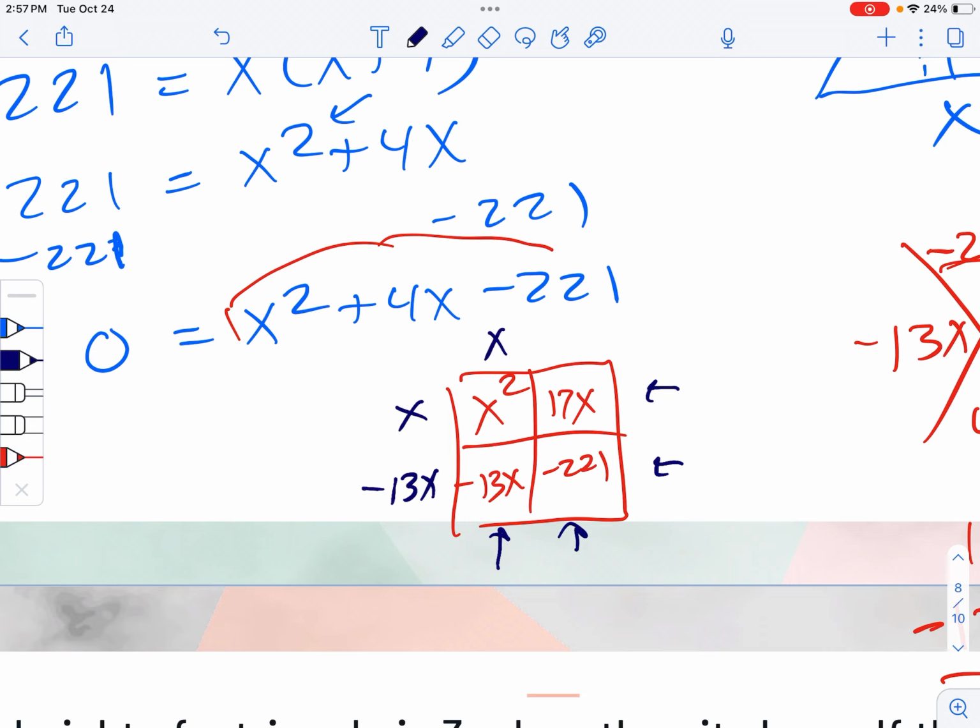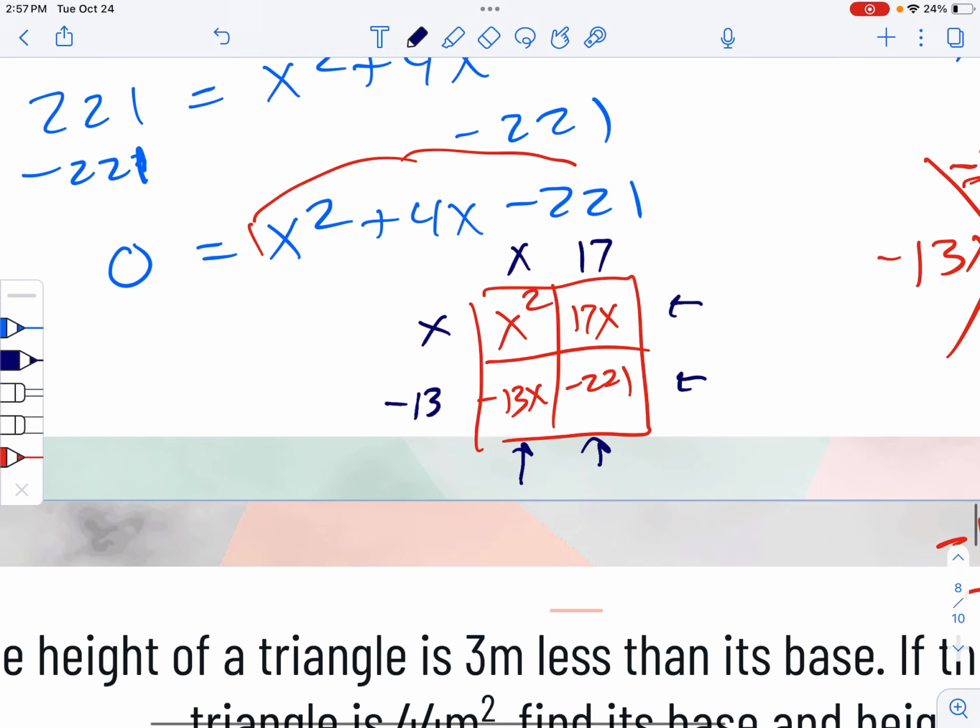Both divisible by 17, so this is going to be, well, not x, sorry about that, just 13. And these are both divisible by 17. So x plus 17 and x minus 13 are my factors. And they equal 0.